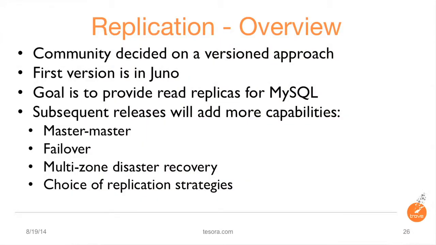So just to recap, Nikhil touched on some of this in his presentation. The way we approached this is, there had been lots of discussions about replication in the past with the community, and we realized that if we tried to basically boil the ocean, the feature would never, ever get done. So we took this versioned approach.